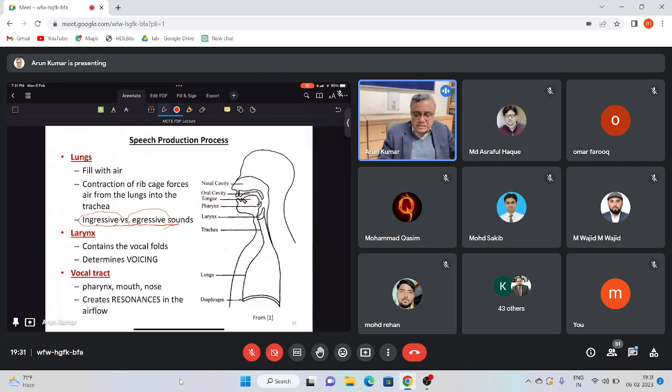So here the process comprises the following. The lungs are filled with air. There is the contraction of the rib cage, which forces air from the lungs into the trachea, as shown in this sketch. And then we have the larynx, which contains the vocal folds.